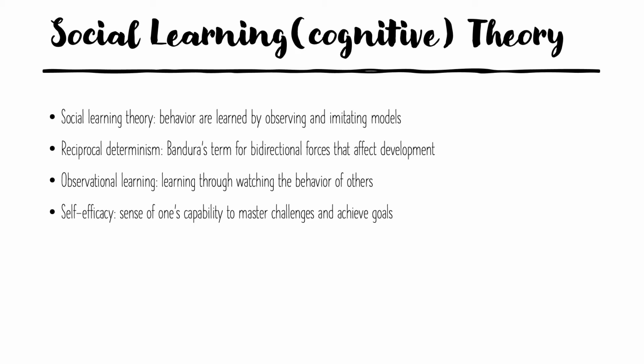Children not only learn by watching others and modeling their behaviors, but they can take the pieces that they learn from others and put them together to form their own styles. As they learn different standards, they are able to judge for themselves and begin to master challenges and achieve goals of developing self-efficacy.